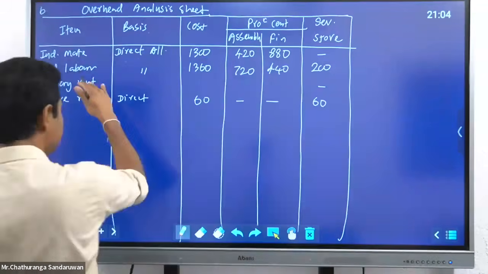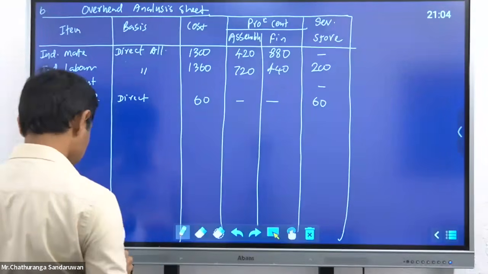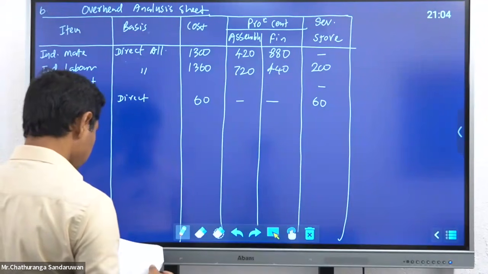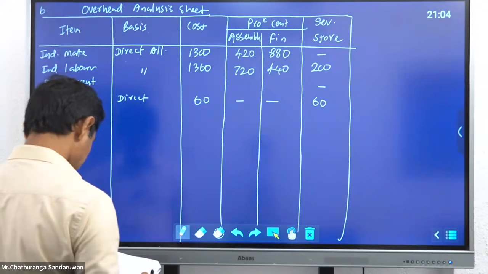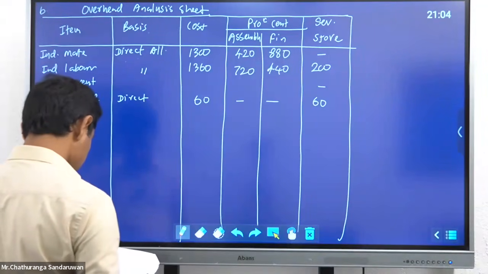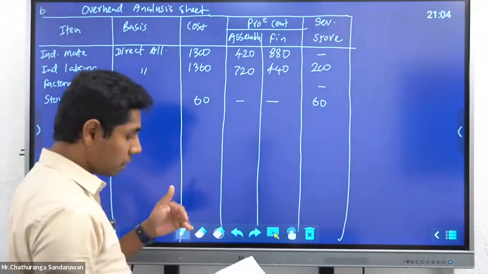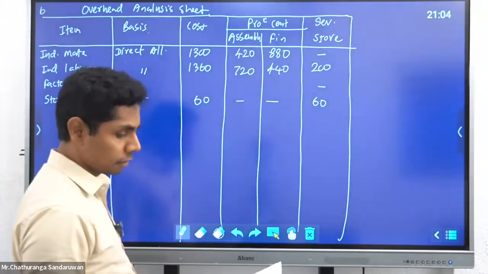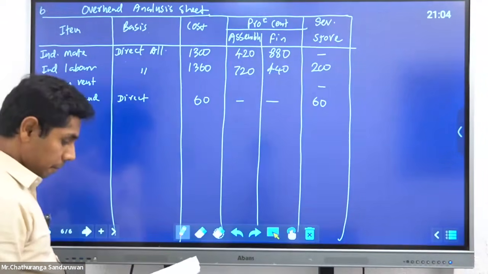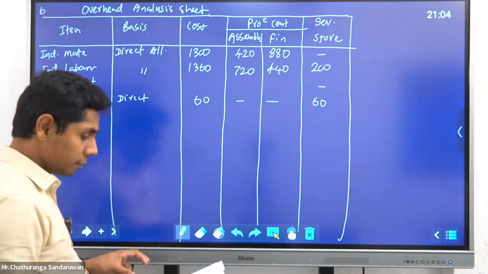Therefore, this factory rent should be apportioned to assembly and finishing, right? Because on top of the question it says one factory consisting two production cost centers and one service cost center stores.